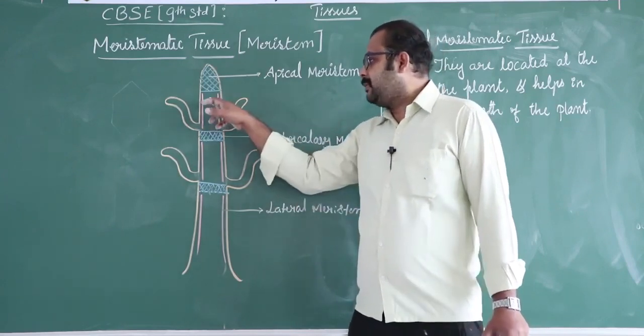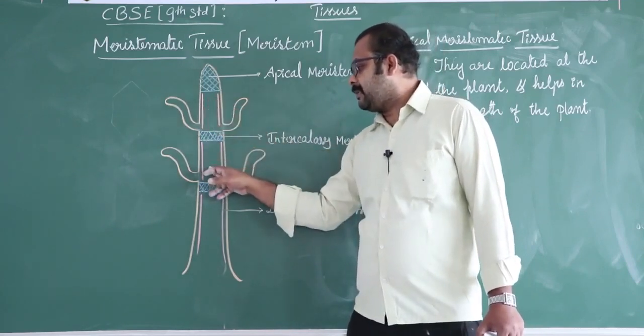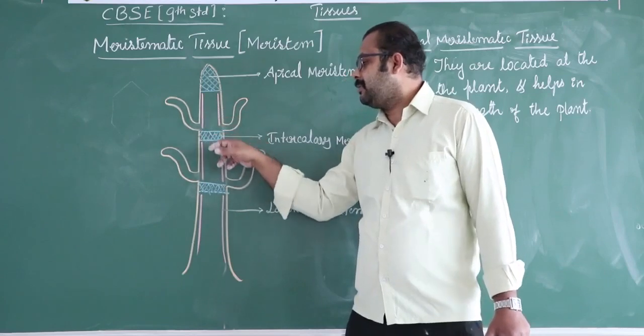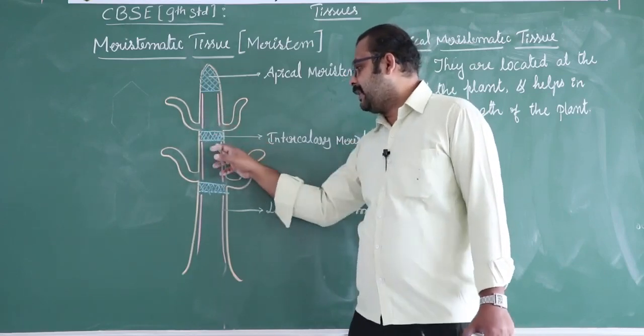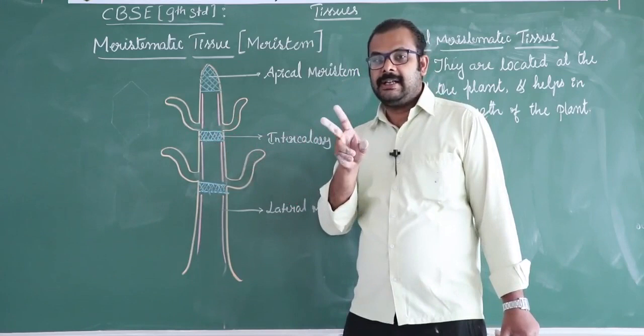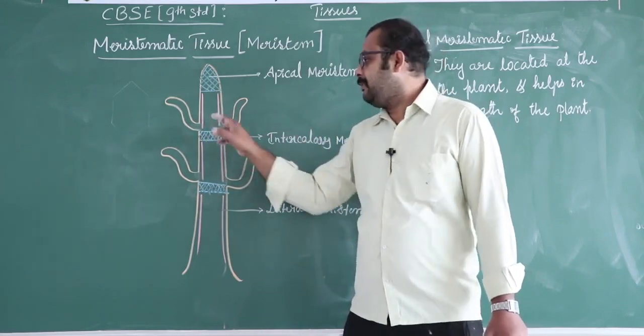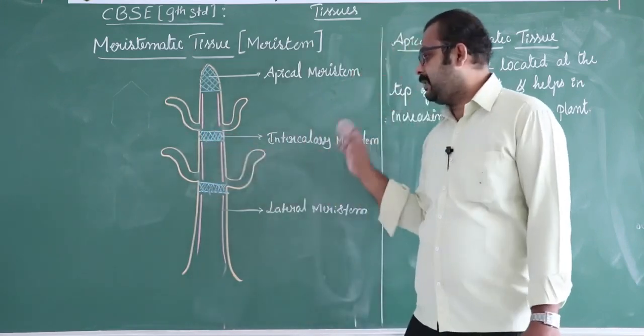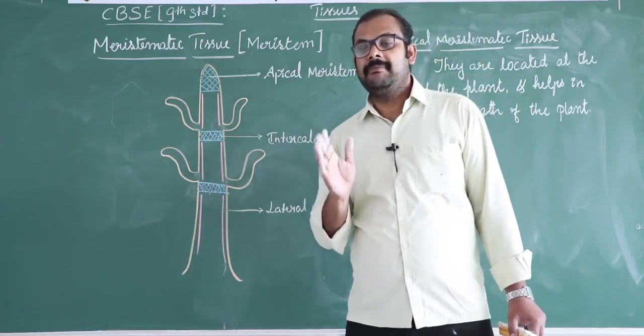Between the permanent tissues you will find the intercalary meristem, intercalary meaning between. So they are present between the permanent tissues, hence it is called intercalary meristem.